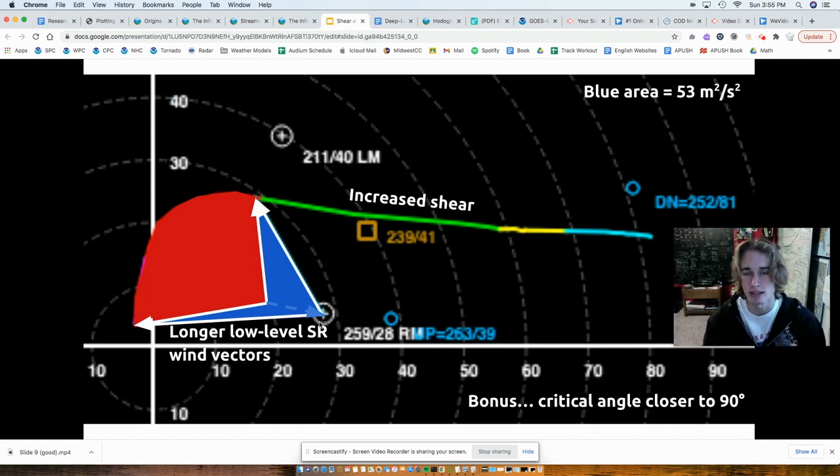And that is not necessarily increasing storm relative helicity as much as it is giving the storm more streamwise vorticity to take advantage of. And if we look at the lowest part of this hodograph, sometimes you could have perfectly streamwise vorticity in the lowest 100 meters, lowest 200 meters, but if your shear vector veers really quickly, that 0 to 500 meter shear vector is not going to be anywhere close to perpendicular with that storm motion to surface storm relative wind vector.